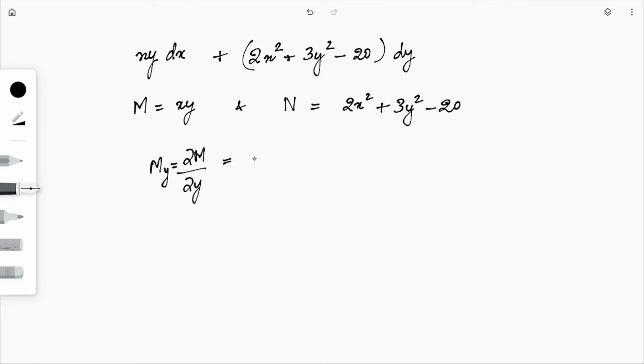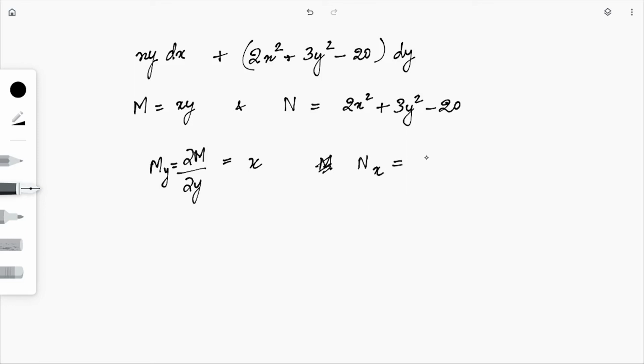My is nothing but, we get it is equal to x, partially differentiating M with respect to y. So we get this is equal to x. And what is Nx?